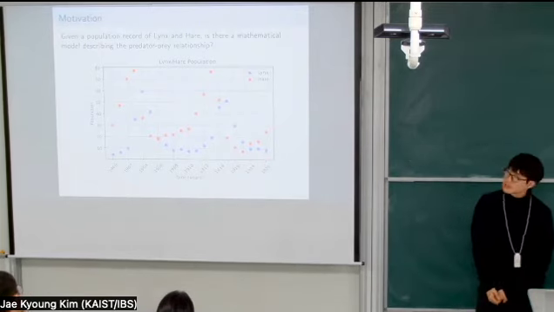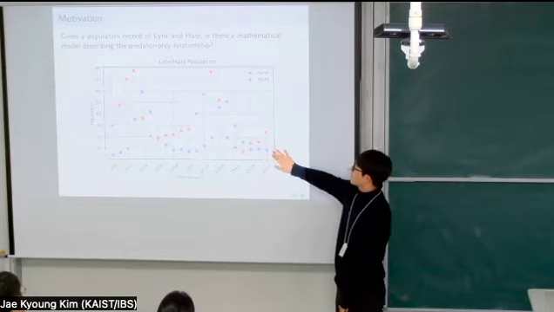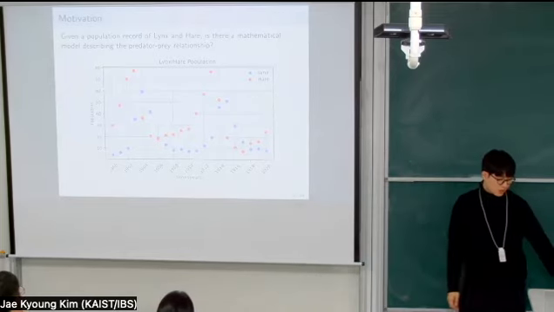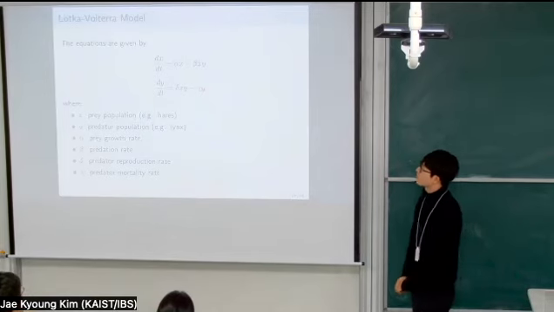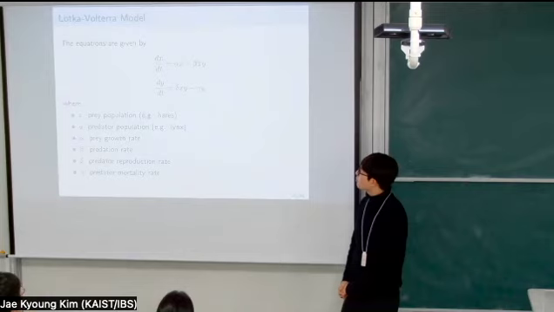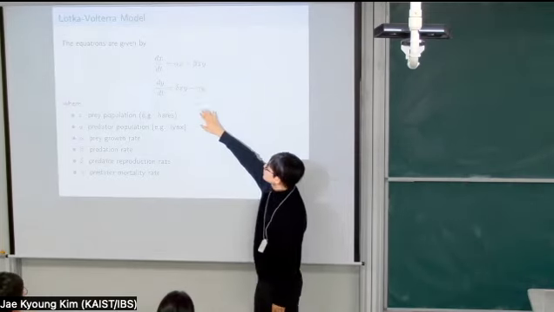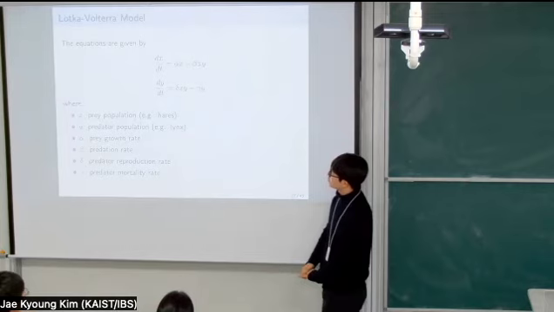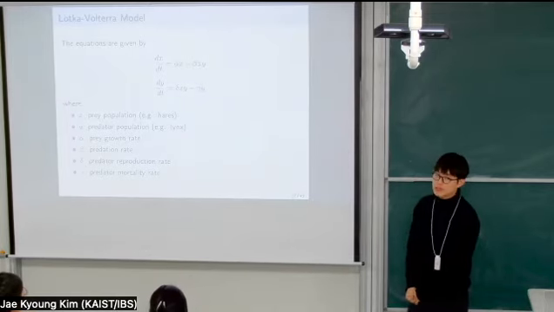And we want to find a differential equation model that explains this data. One widely used differential equation model is this Lotka-Volterra model. But it depends on what type of parameters you choose. These parameters, alpha, beta, delta, gamma, are the parameters that actually exhibit a physical meaning.